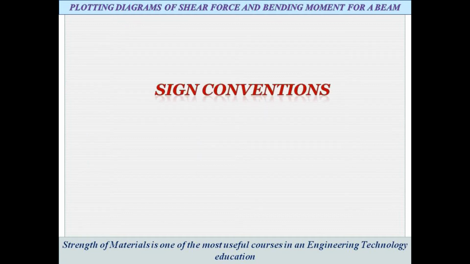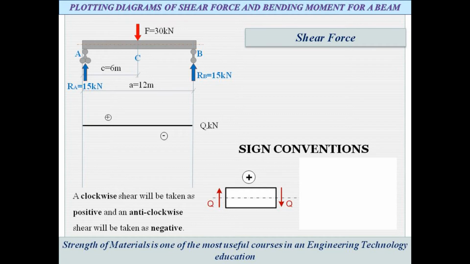To plot diagrams, we need to know sign conventions. The sign convention for the shear force is: a clockwise shear will be taken as positive and an anticlockwise shear will be taken as negative.